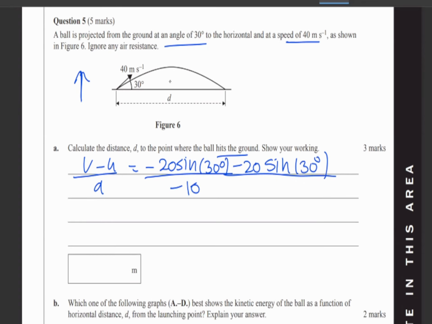And that equals to T equals 4 seconds. So the total time from here to here is 4 seconds.